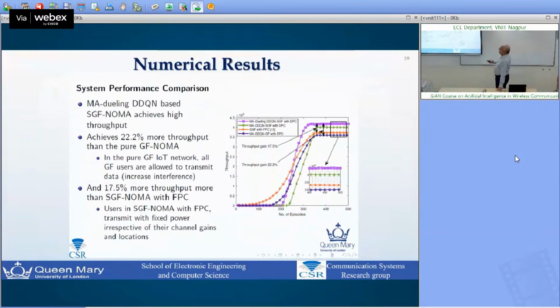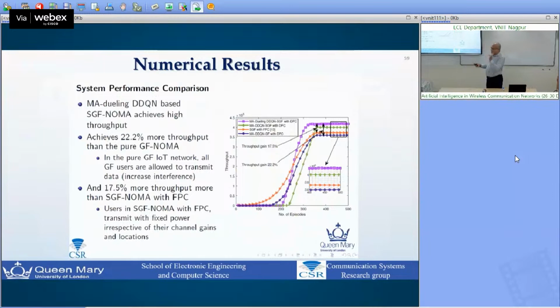Then we see the dueling-based one achieves around 22% more than the pure grant-free, with no grant-based, only grant-free. Here there is more throughput, because we guarantee the throughput of grant-based.